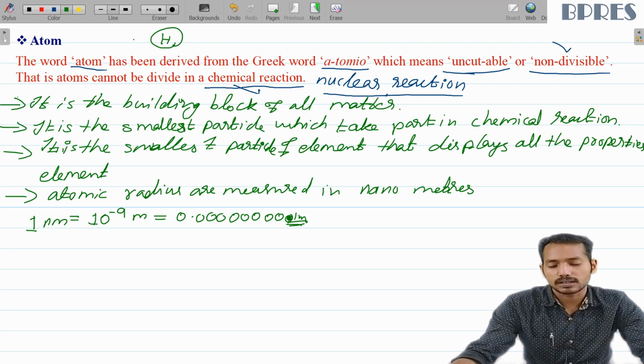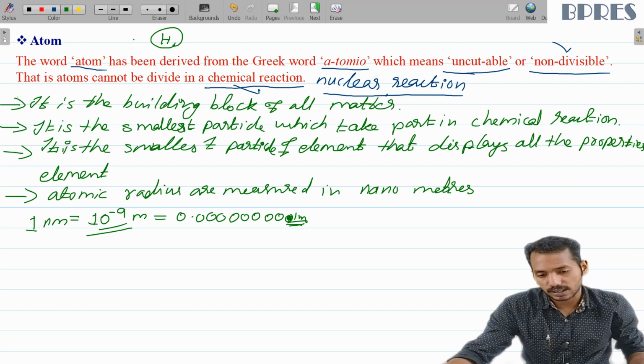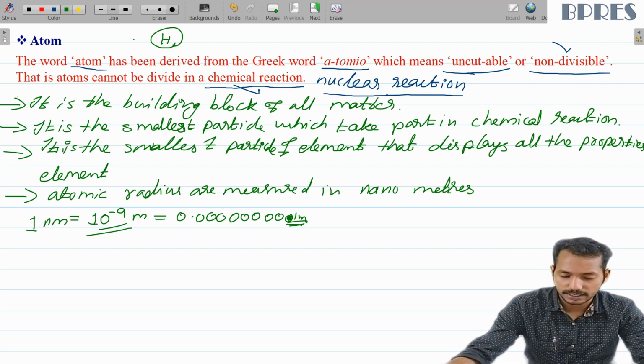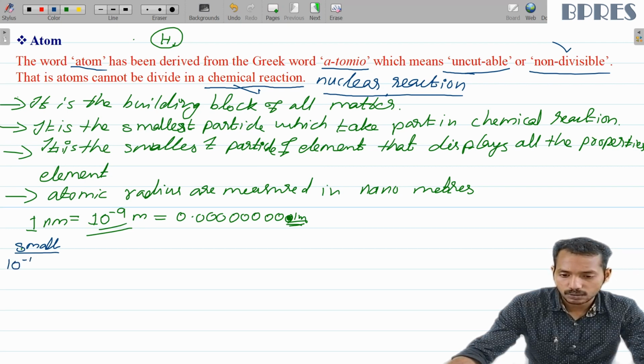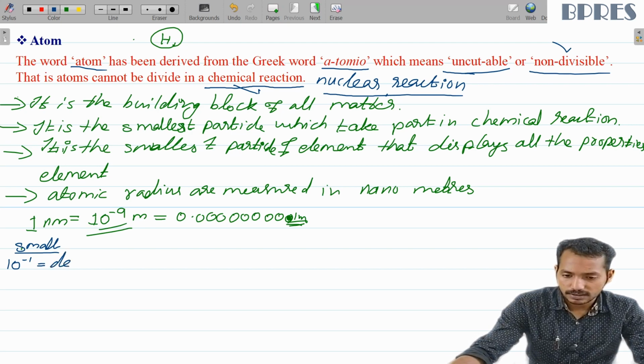So this is much smaller. Some prefixes we are using for smaller quantities as well as for greater quantities. For small quantities, 10 raised to minus 1 is deci. 10 raised to minus 2 is centi. 10 raised to minus 3 is milli.